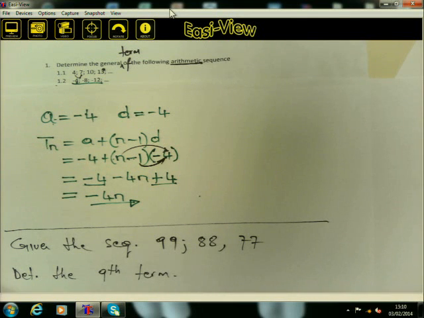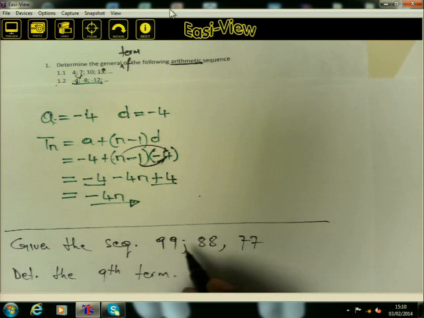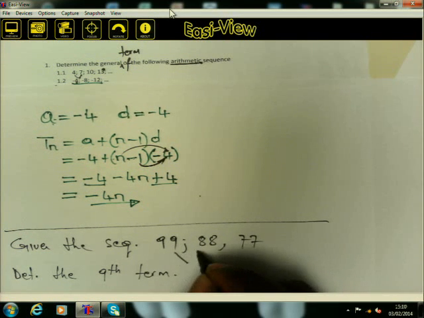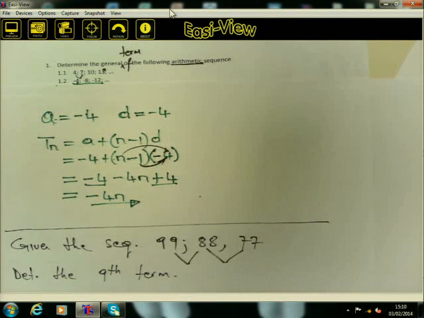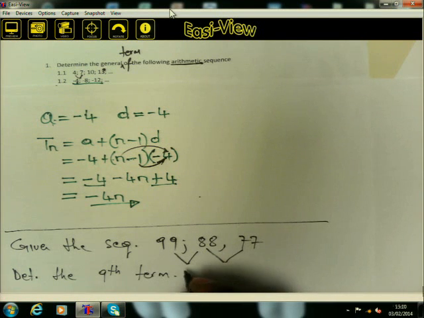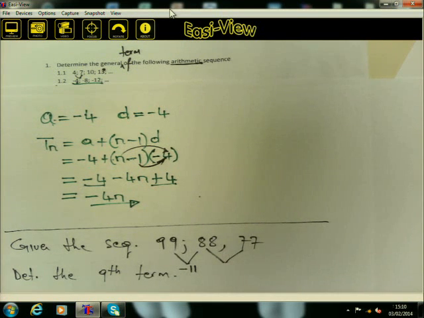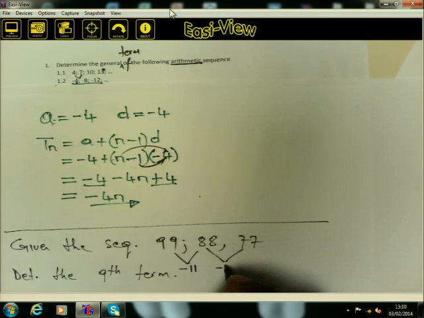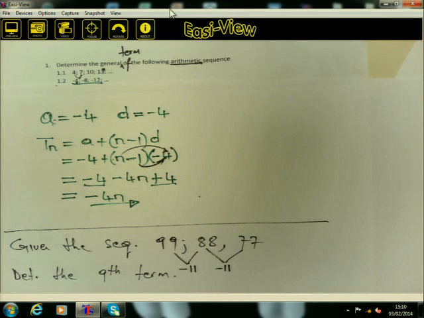So the general term to that one will be, as it is 99 and 88, you find the difference between the two. And then we'll find that the difference is always negative 11, because 77 minus 88 is negative 11, and 88 minus 99 is negative 11.